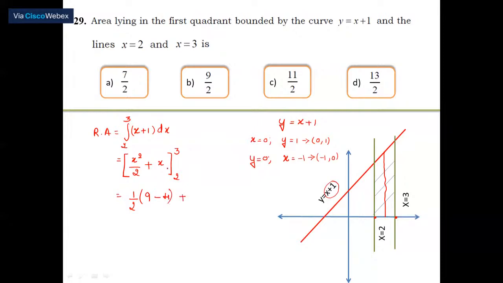And now for our term x, it is 3 minus 2, upper limit minus the lower limit. So it is 5 by 2 plus 1, or it is 7 by 2. So the required area is 7 by 2. So the correct option is A. Very good, Shravani.